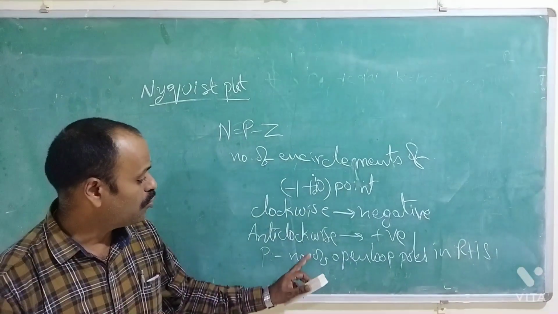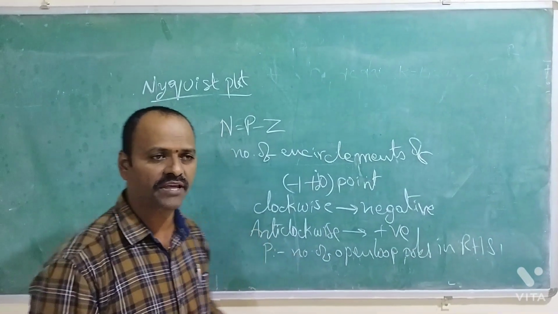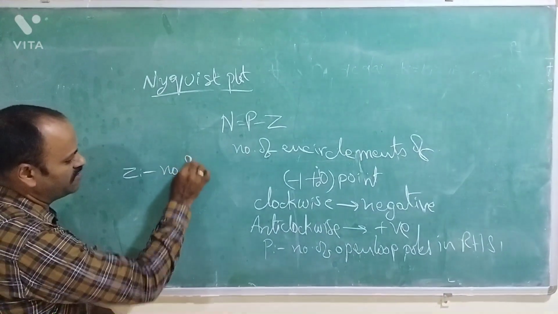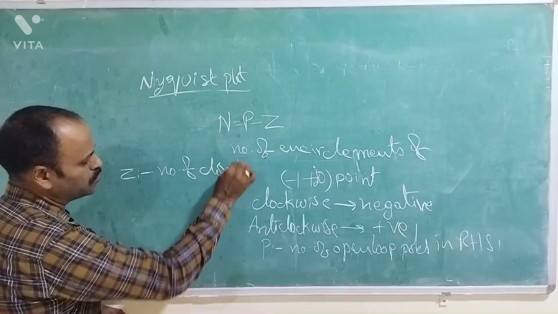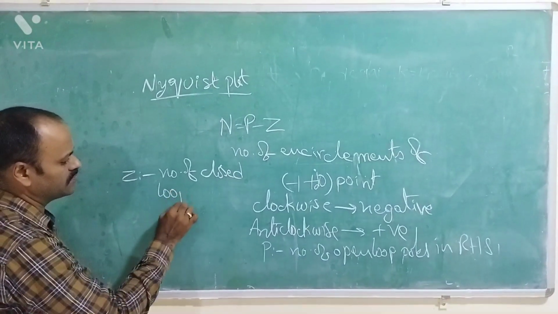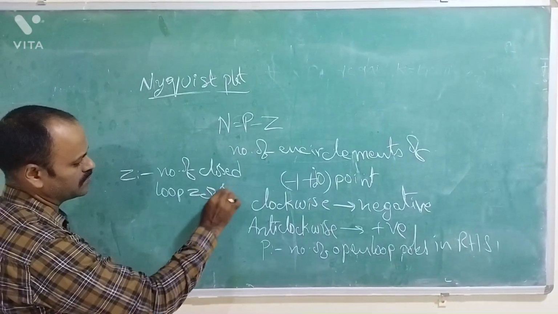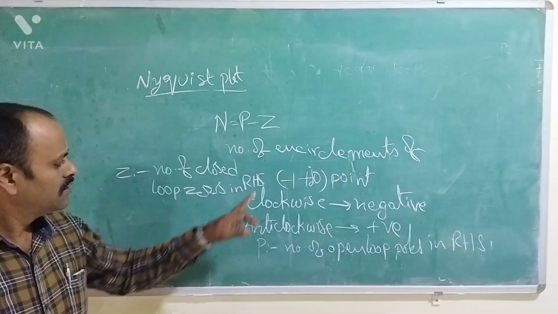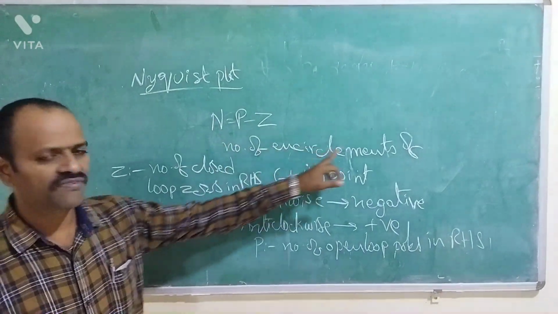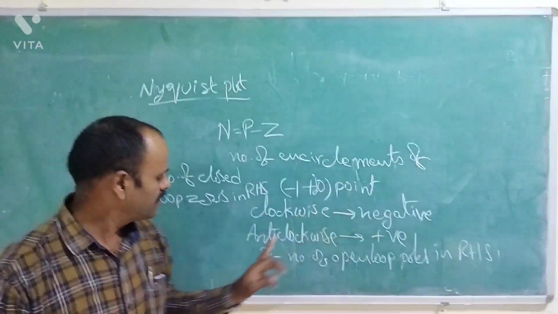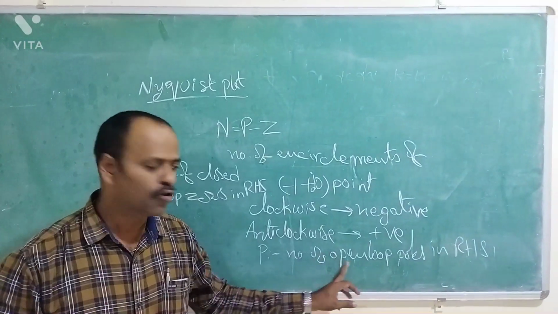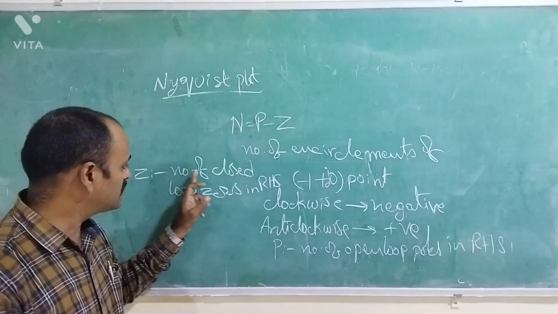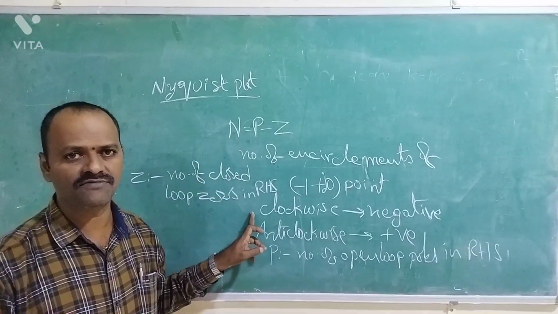Coming to the Z value, that gives the number of closed loop zeros in the RHS of the S-plane. N represents the number of encirclements of the minus 1 plus j0 point. P represents the number of open loop poles in the RHS of the S-plane. Z represents the number of closed loop zeros in the RHS of the S-plane.